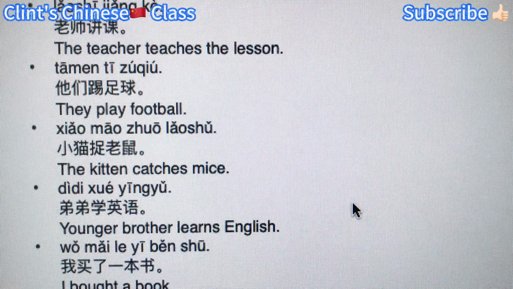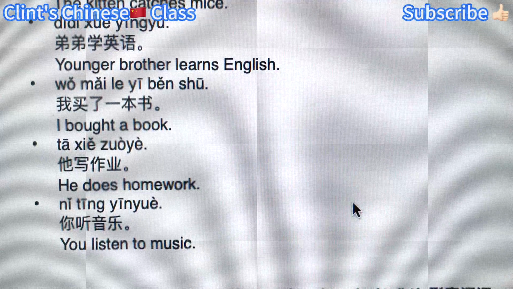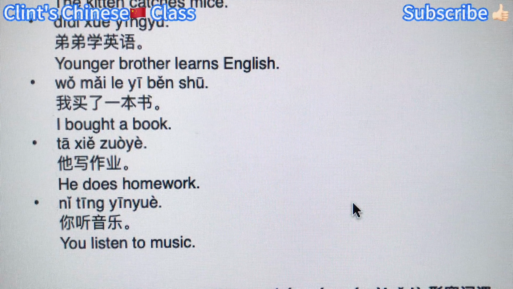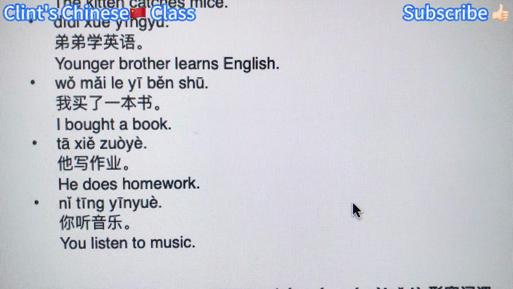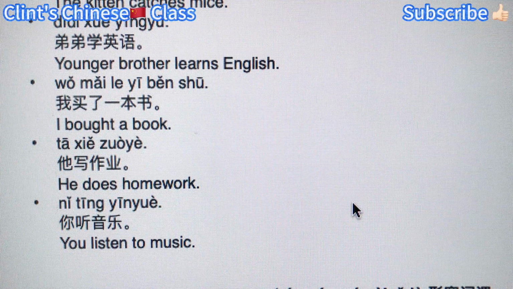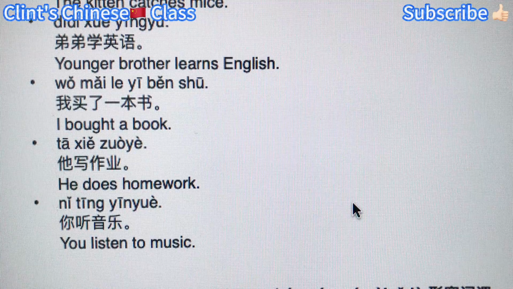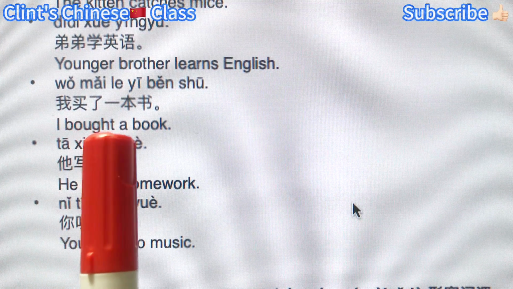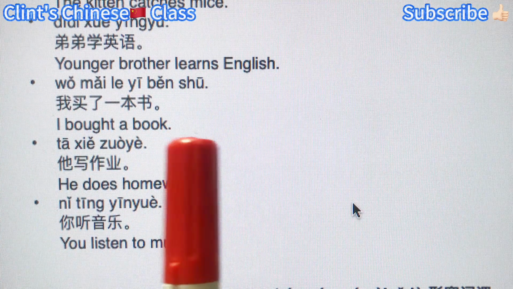Okay. So all of a sudden, you will find it pretty easy to make your own sentences by using this structure, and it is just the same as English basic structure, right?